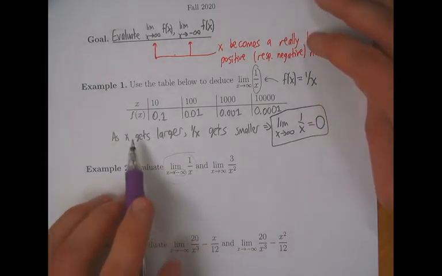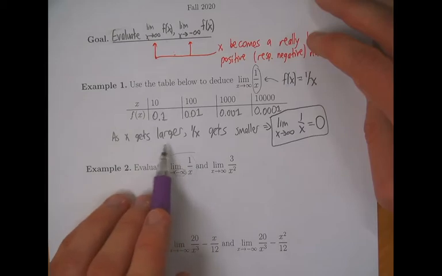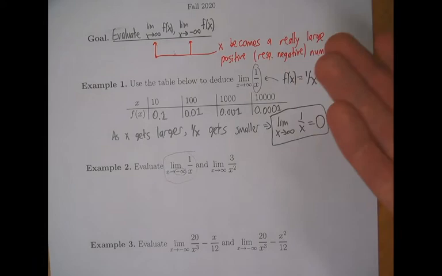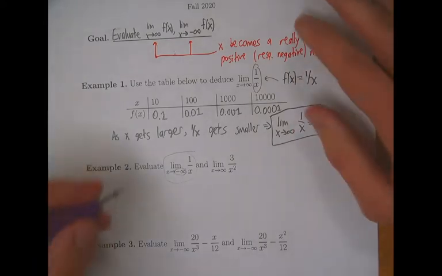So even if x becomes larger and larger, regardless of sign, what happens to 1 over x? It gets smaller and smaller. Right.